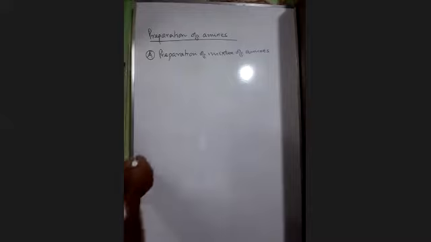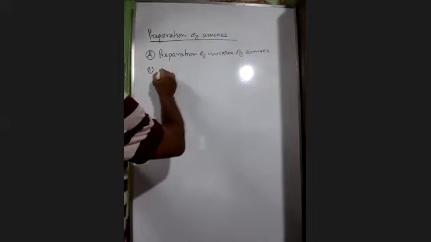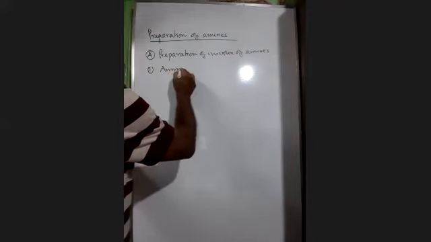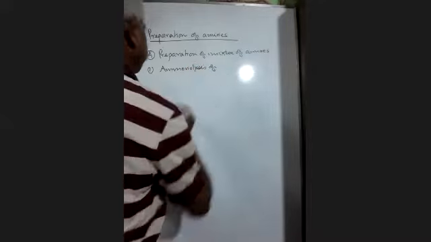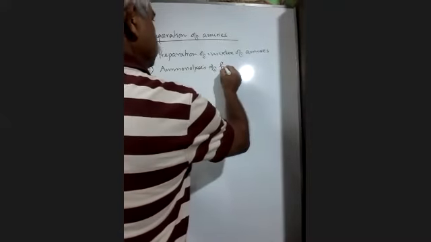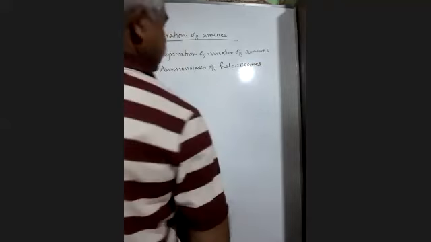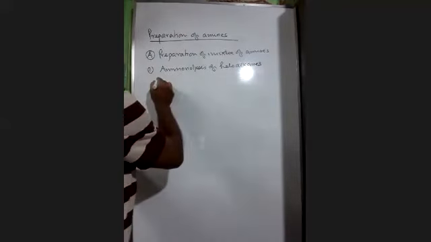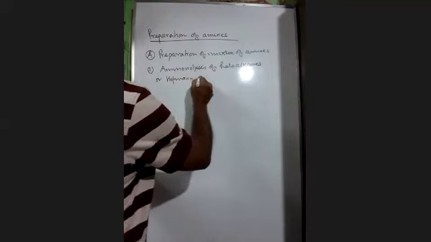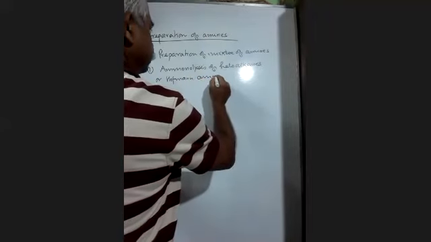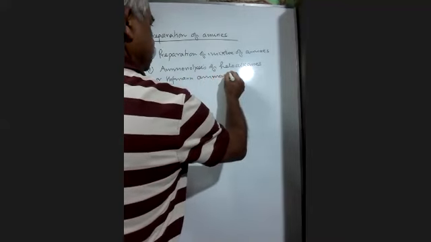So, in this case, we'll call it ammonolysis of haloalkanes. This is also known as Hofmann ammonolysis.